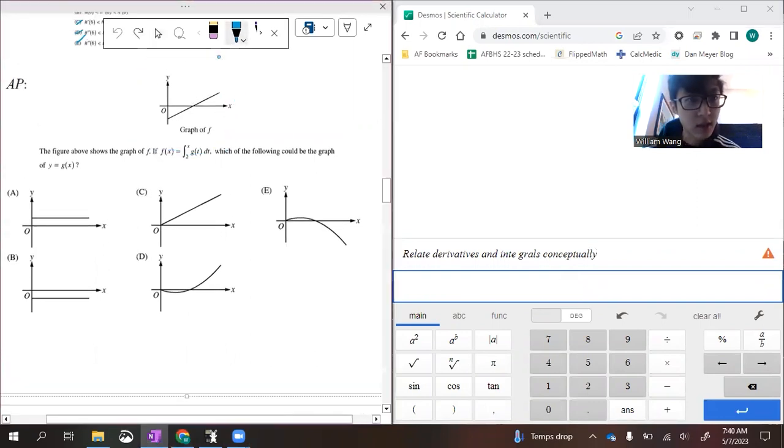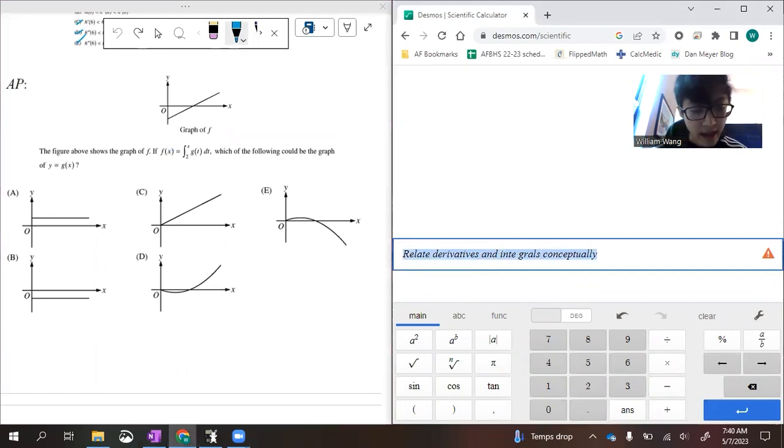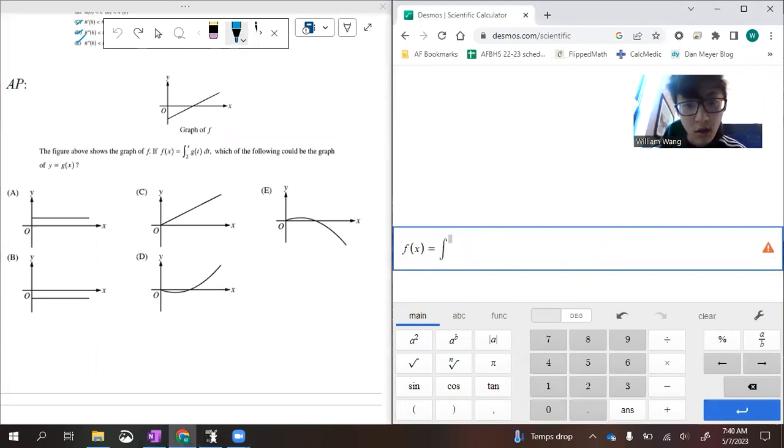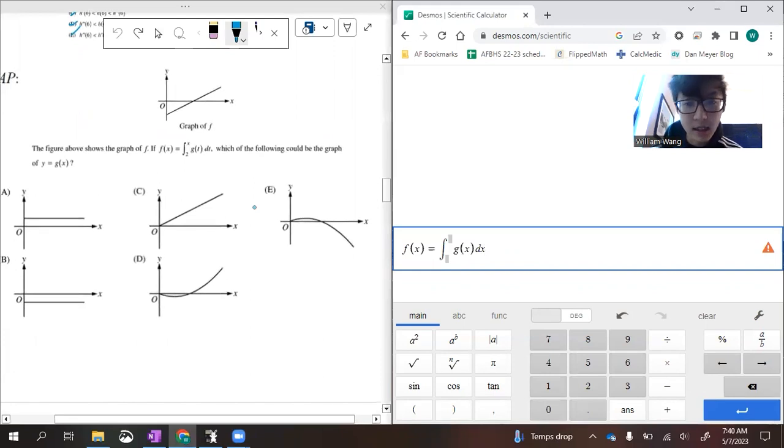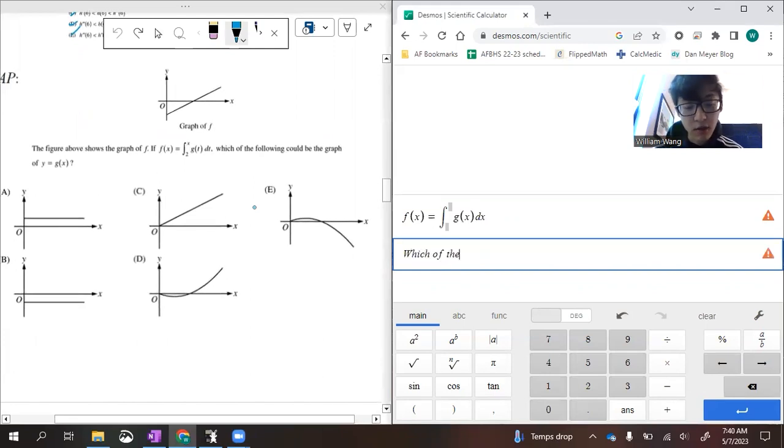And they also tell us that f of x is equal to the integral of g of x, right? So that's an important relationship because then they ask us which is the graph of g of x.